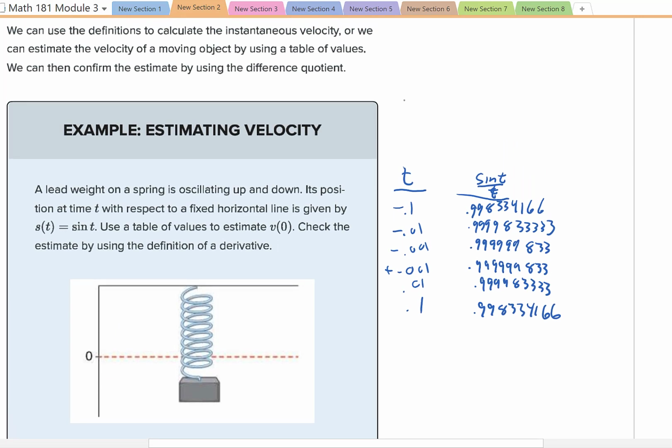we're looking for the limit as time approaches 0 of s of t minus s of 0 over t minus 0. So that's going to be the limit as t approaches 0 of our s of t, which is sine t, minus sine of 0 over t minus 0.